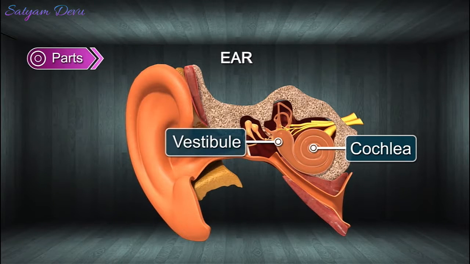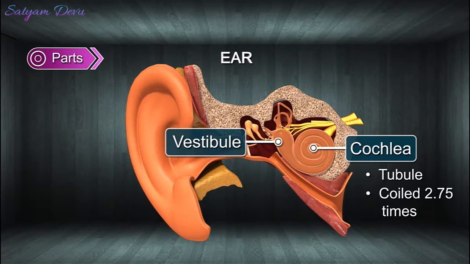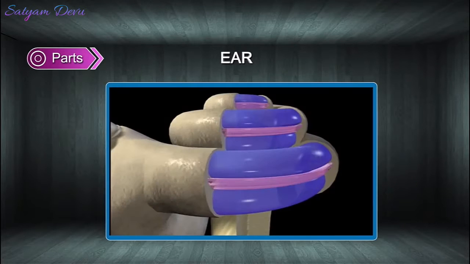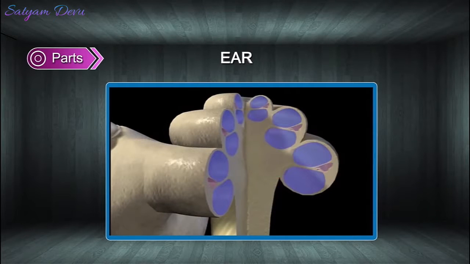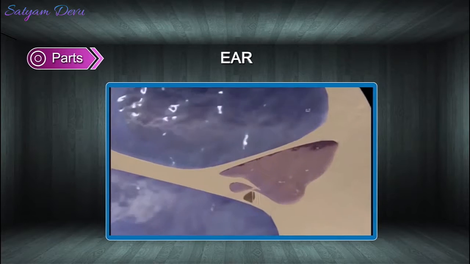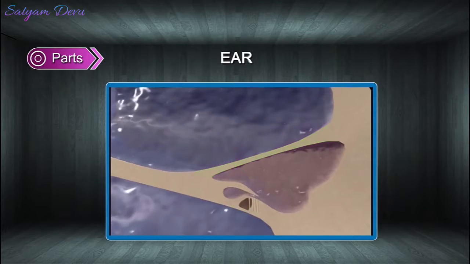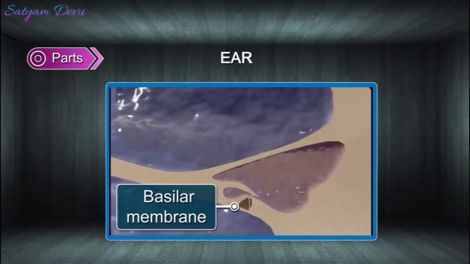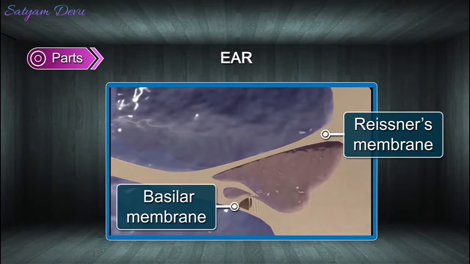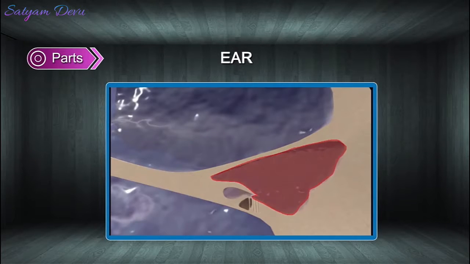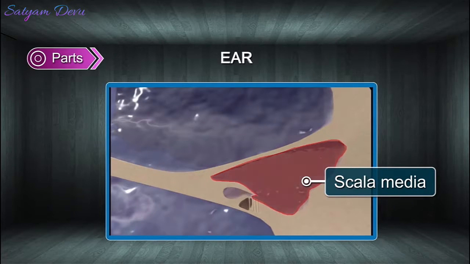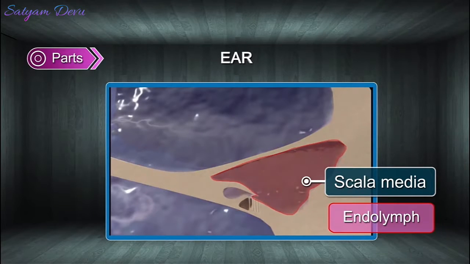The cochlear portion of the labyrinth is a tubule that is coiled 2.75 times. Throughout its length, the cochlea is divided into three compartments by two membranes. They are basilar membrane and Reissner's membrane. The middle compartment is called scala media. It contains endolymph.